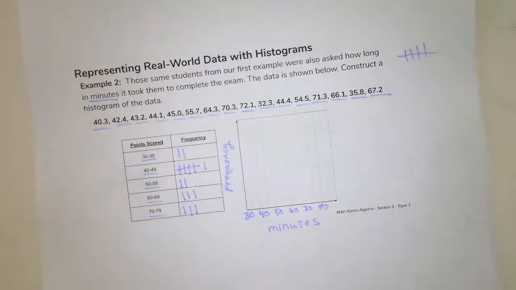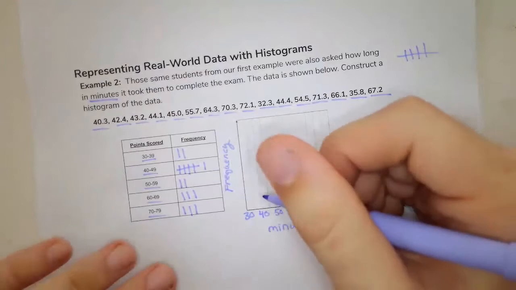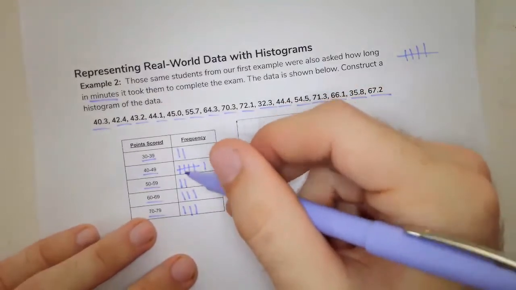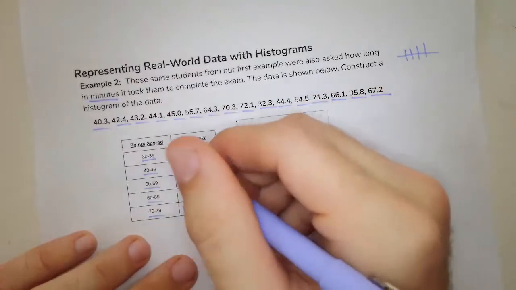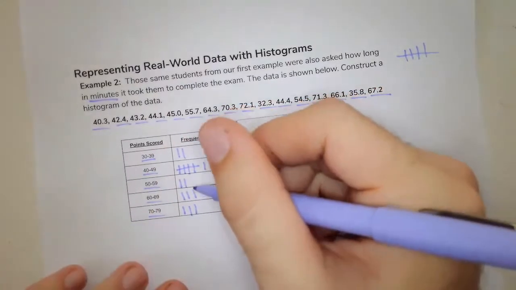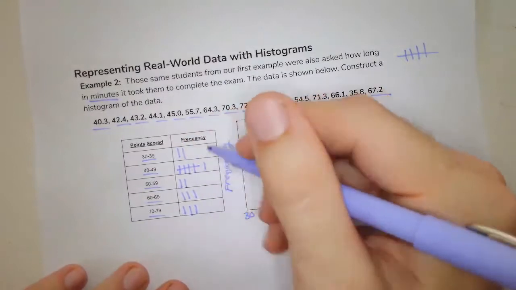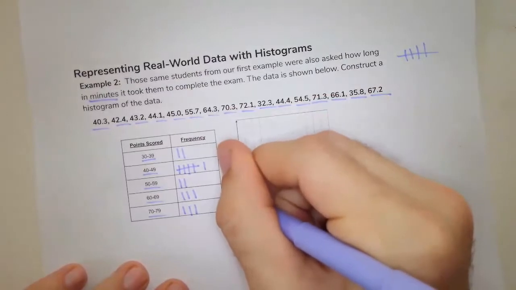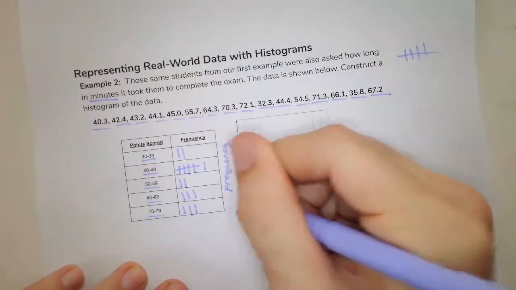I'm going to do this in different colors just to make it a little bit more clear. And then our frequency, our low is going to be 2. Let's just start at 0. And then our highest one is going to be around 6. So let's just start 0 right here, and then we'll skip every 2 as well.